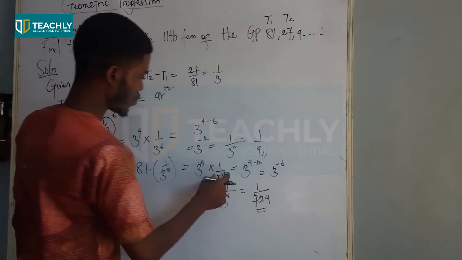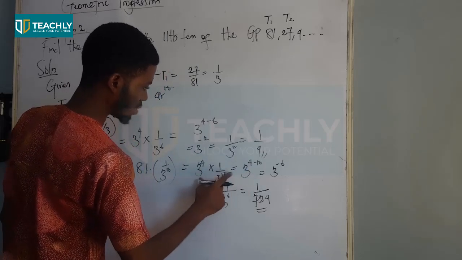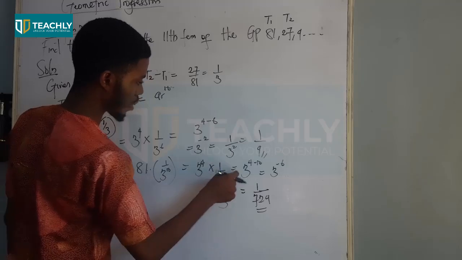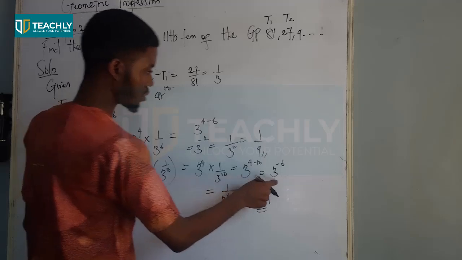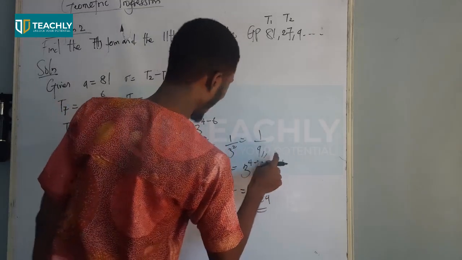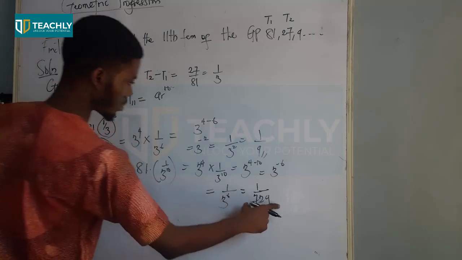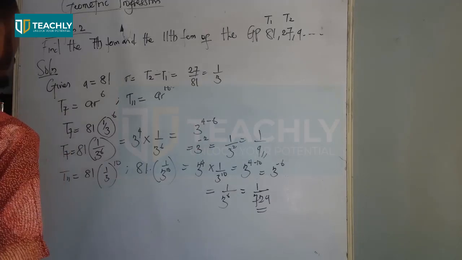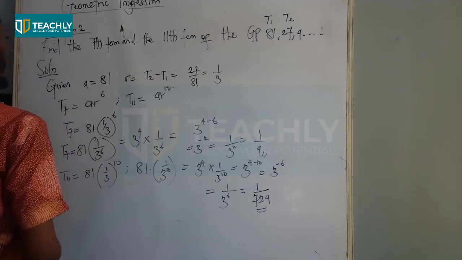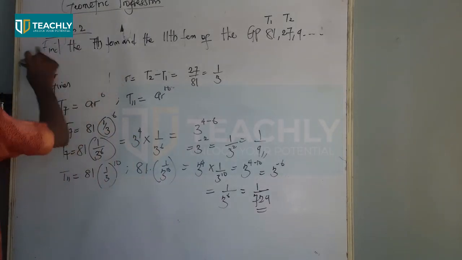And then for further simplification, using the law of indices, if you are multiplying like this, you're going to subtract. So you have 3 raised to the power 4 minus 10, and that's going to be 3 raised to the power minus 6. And then I can bring this down again to give me 1 over 729. So let's look at another subtopic now.